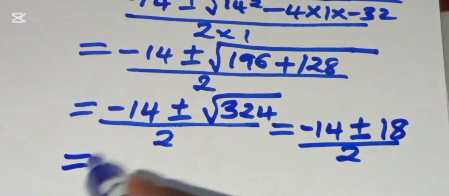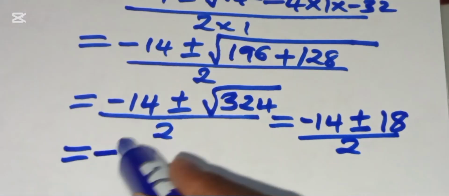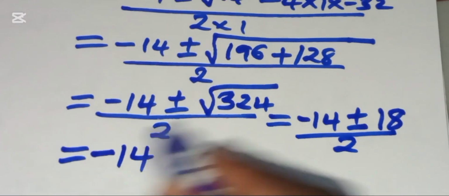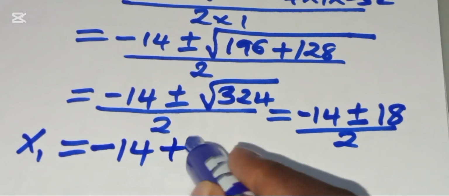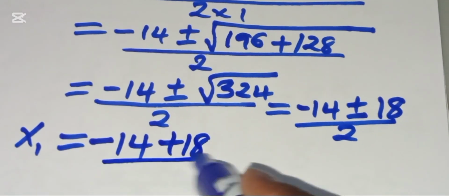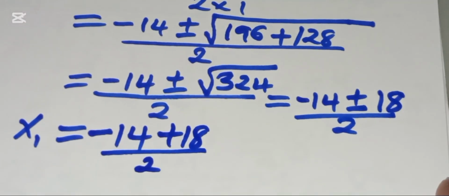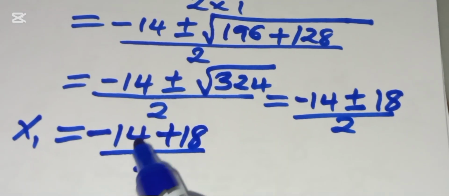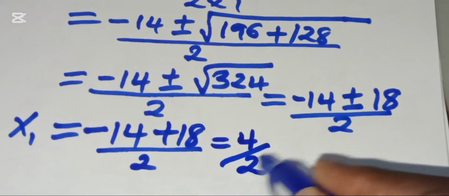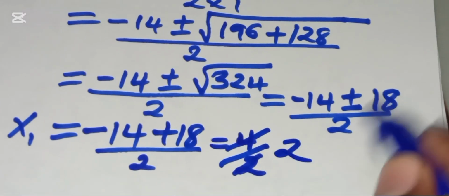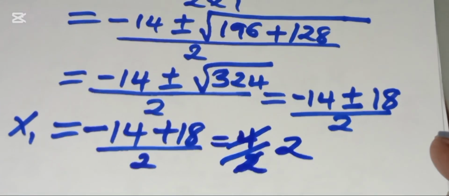So here we have two possible values of x. You can call this one x1, which is equal to (−14 + 18) / 2. −14 plus 18 is 4, divided by 2 is equal to 2. That's the first value of x.